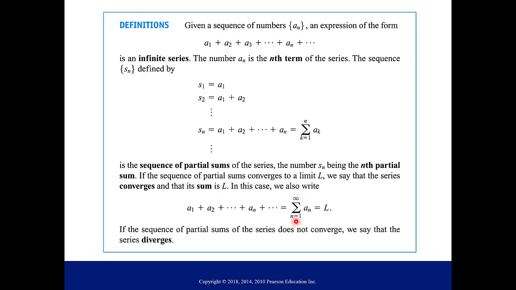If you add terms of your series, starting at term 1 all the way to term infinity, you just keep adding. And if you get some number value L for that series, then we know that that series actually converges. And then, of course, like with sequences from before, if the sequence of partial sums of the series does not converge, then we say that it diverges. Alright, that's it.